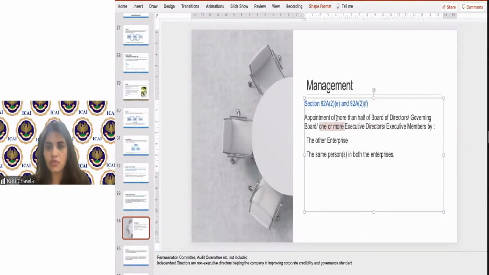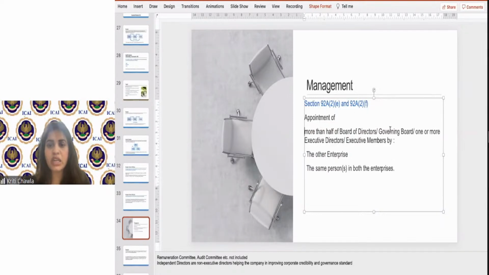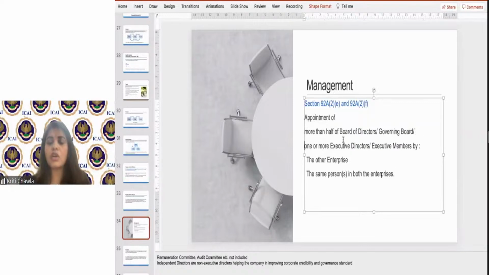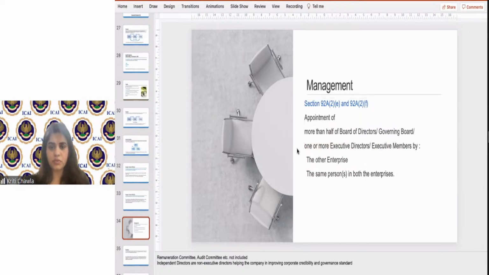So appointment of, I can put it like this, more than half of the board of directors or one or more executive directors or members. Please let me know if there are more questions on this.